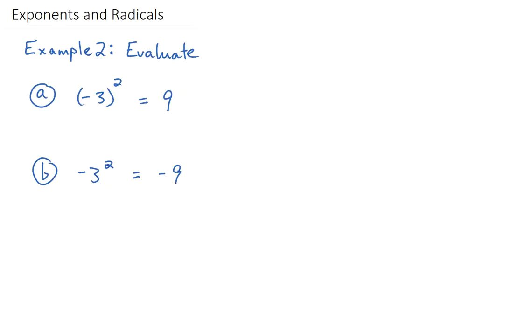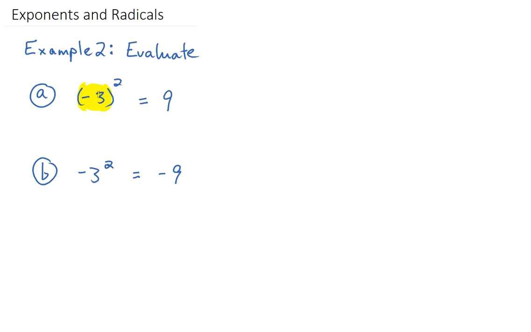So we're getting the 9 because 3 times 3 is 9. The question is what's going on with the negative sign? So the first one there is the easiest one to accept. It tends to be the one that does what you expect it to do. So when we have these parentheses here, what that's saying is take everything that's in the parentheses as one number and repeat it 2 times.